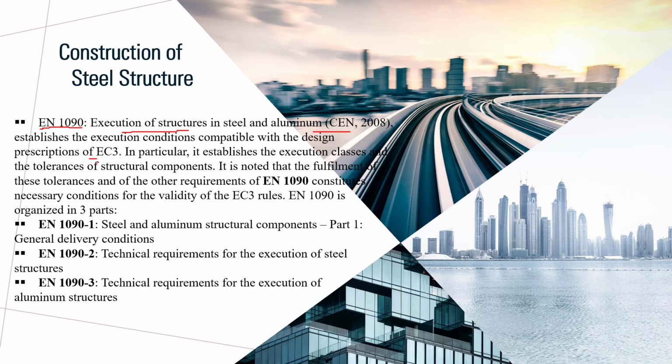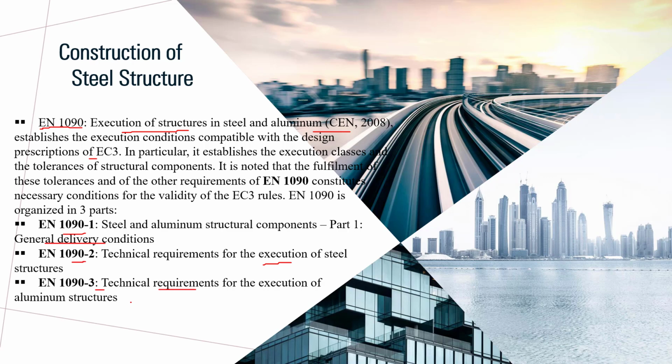So it will be related to EC3. And we have EN 1090 for steel and aluminum structure components, part 1 general delivery conditions. Part 2 is the technical requirement for the execution of the steel structure, and part 3 is the technical requirement for the execution of the aluminum structure.